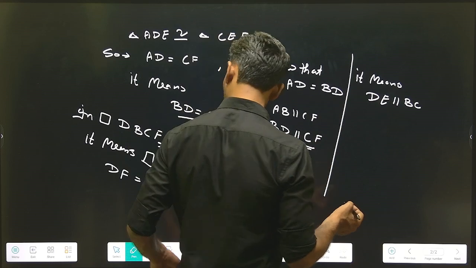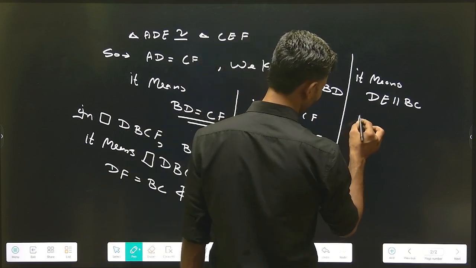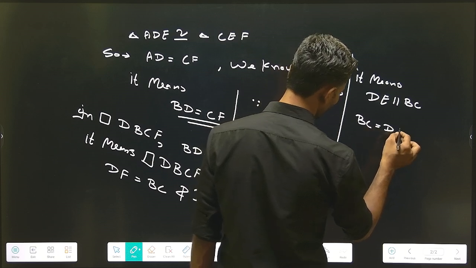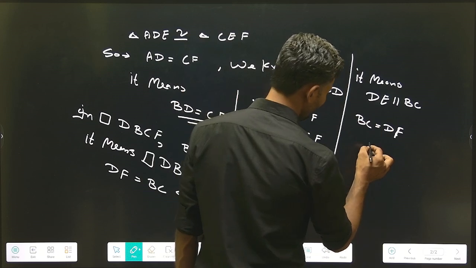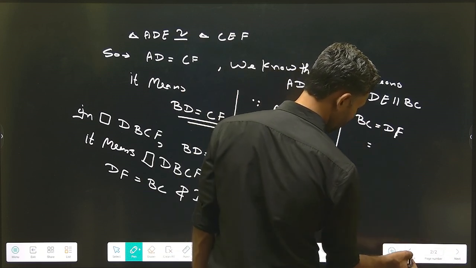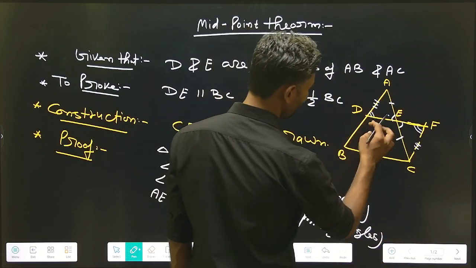Now we know that BC is equal to DF. Understand that? So we can say that DF is equal to DE plus EF.